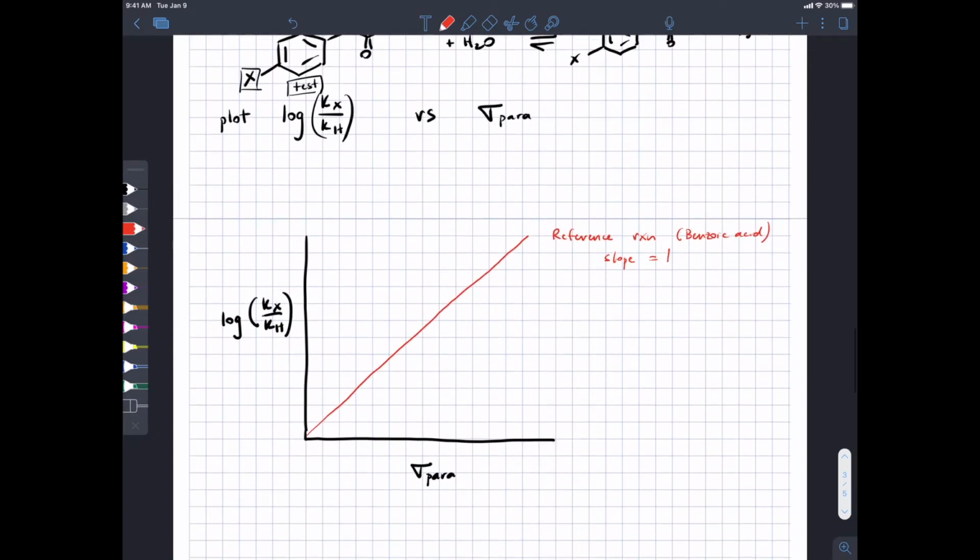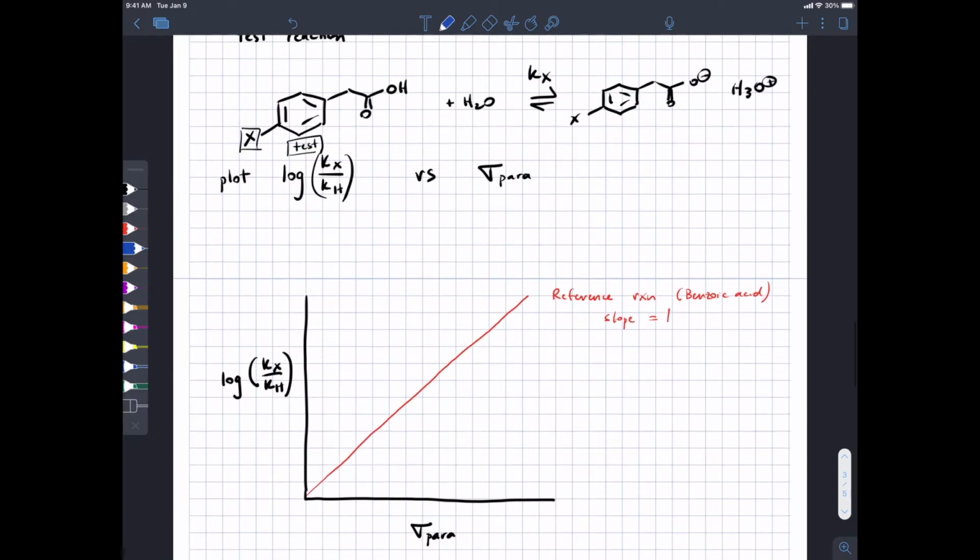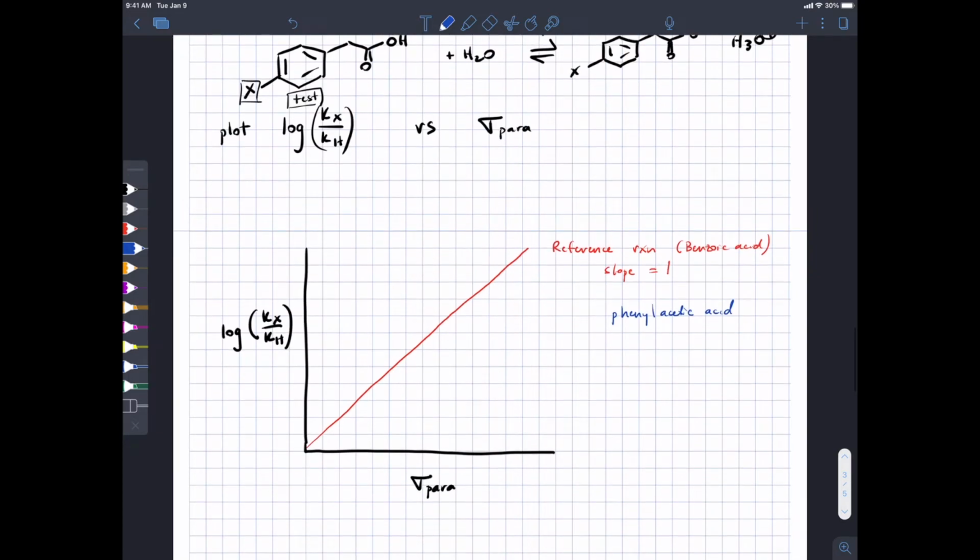Now, if you do the same reaction for our phenyl acetic acid, and you measure this log K for the substituent versus Kh, what you see is a slope that's greater than 0 but less than 1.